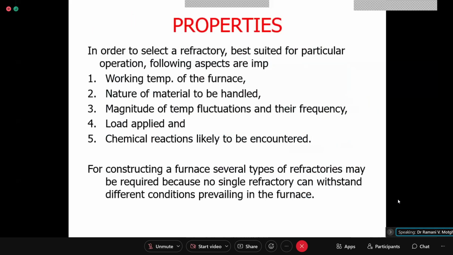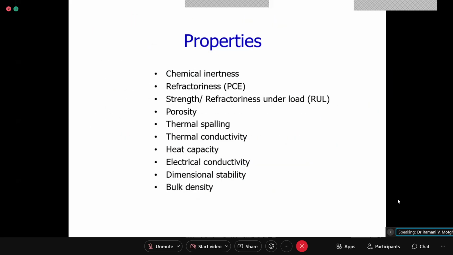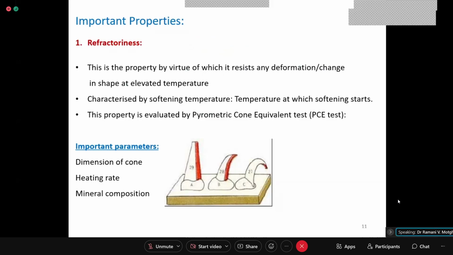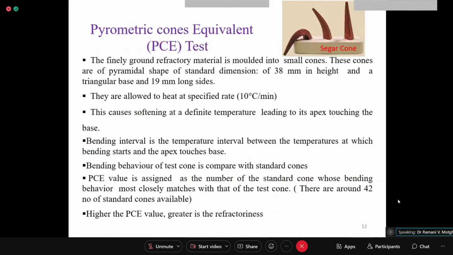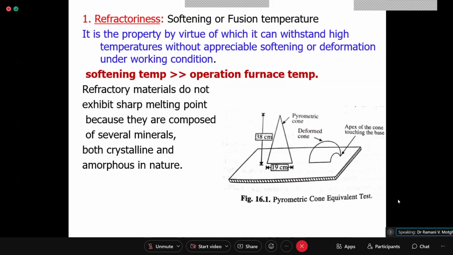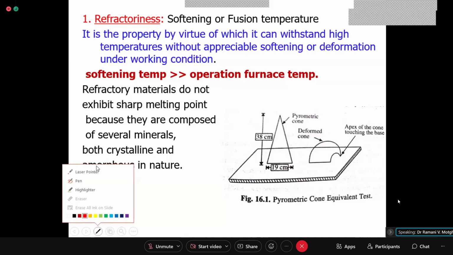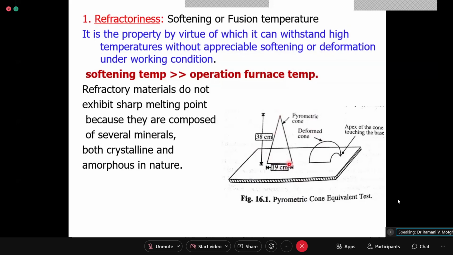Okay, so we see what are the important properties of refractories. The first one is refractoriness, and that is determined by performing a test called the pyrometric cone equivalent test, where a cone of size 19 centimeter base and 38 centimeter height is made, and one reference material will be used whose softening temperature is known, whose composition is known.